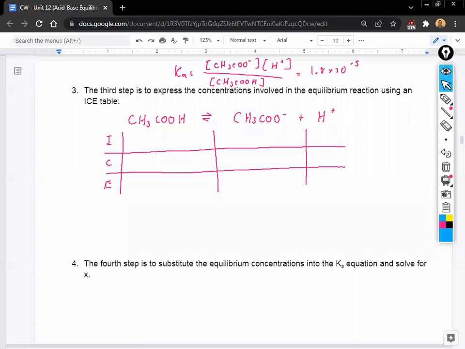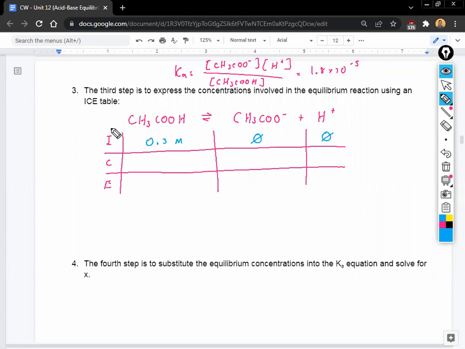Alrighty guys, if you're still plugging things in, feel free to do that, but I'm going to start plugging things in so that we can go over as many problems as we can during this unit. For the initial concentration of acetic acid, you should have written 0.3 molarity because that's the concentration of acetic acid we started with. For the initial of the conjugate base and H plus, it's 0 because we didn't start with any. It's going to be breaking down now.